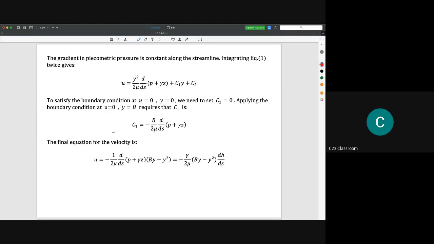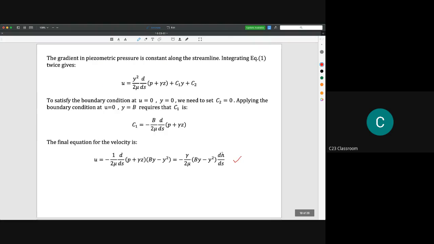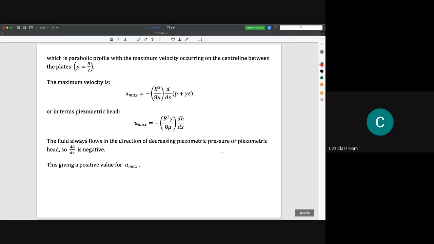Okay, and then we get the final equation for the velocity as this one. Here we just replace dz over ds with dh over ds, because this is just to simplify it to suit the diagram.